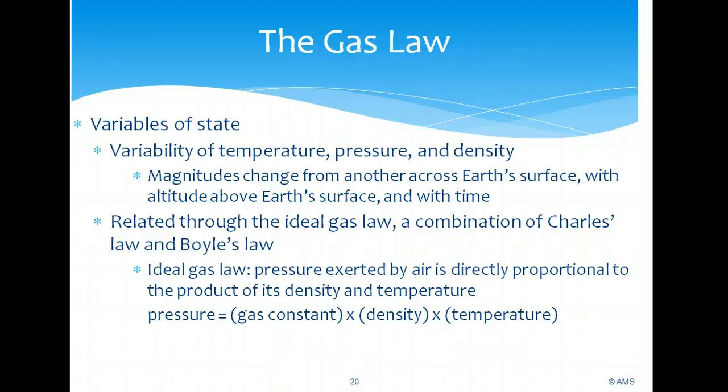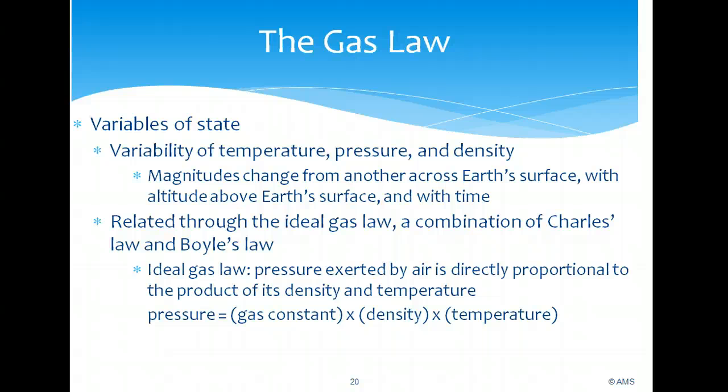Charles' law states that with constant pressure, the temperature of an ideal gas is inversely proportional to the density of the gas. That is, as we heat a sample of gas, the gas expands and its density decreases. So that's where this inversely proportional situation comes in.